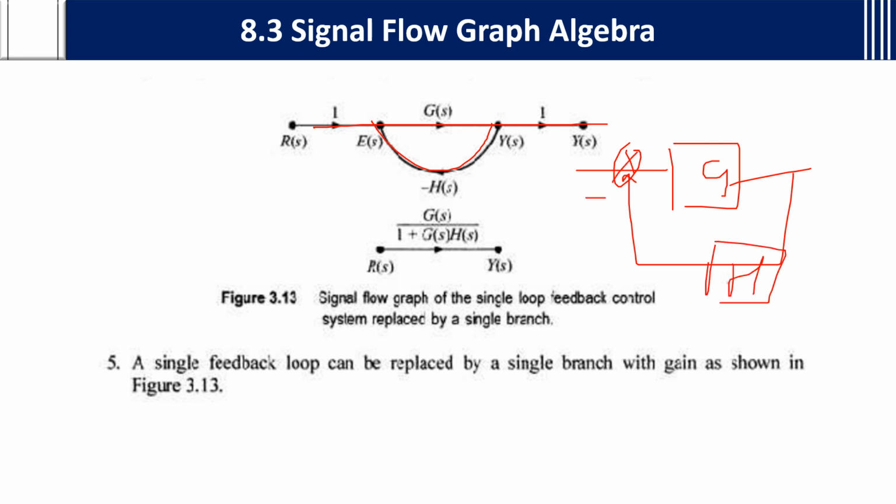Then what will we write? G by 1 plus G into H. The same way, here it is going forward and coming back as feedback. So G of S by 1 plus G of S into H of S we can write. Why? Because here minus is the feedback, so plus you will write here. Same way, like a block diagram, we will write this formula for the signal flow graph also.